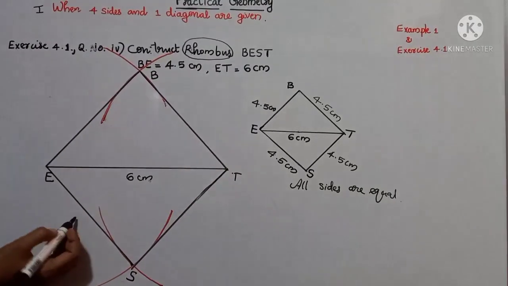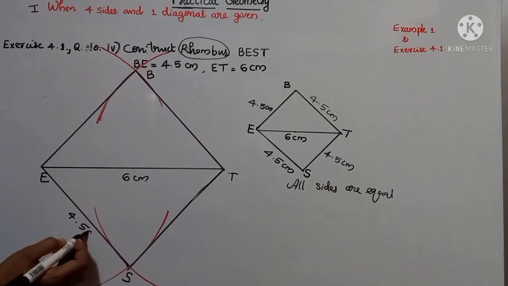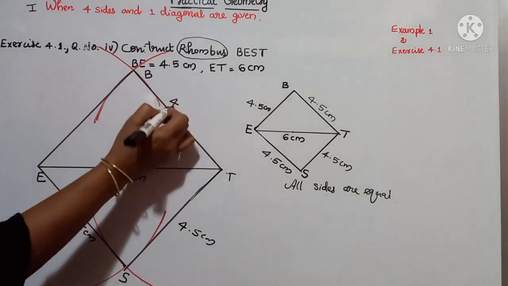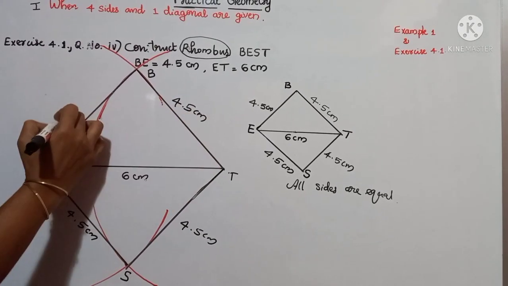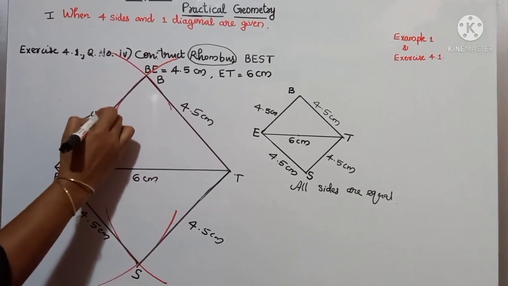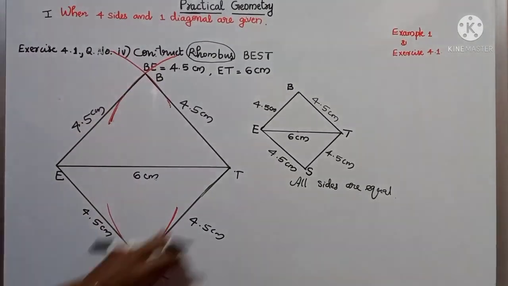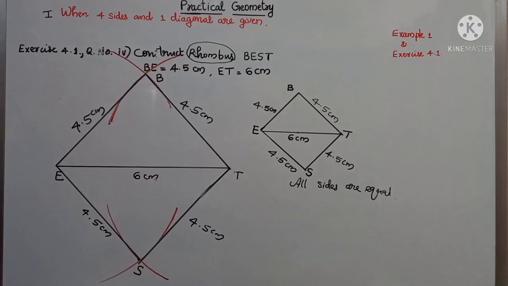Then we know all sides are 4.5 centimeter, and right here 4.5 centimeter, here also 4.5 centimeter, here also 4.5 centimeter. Now our rhombus BEST is ready.